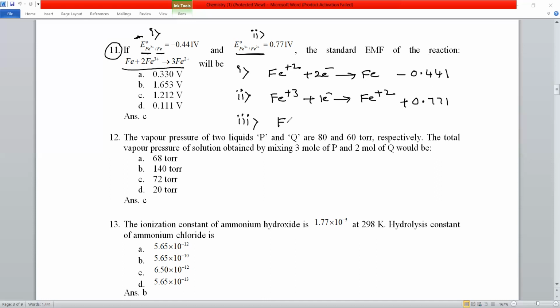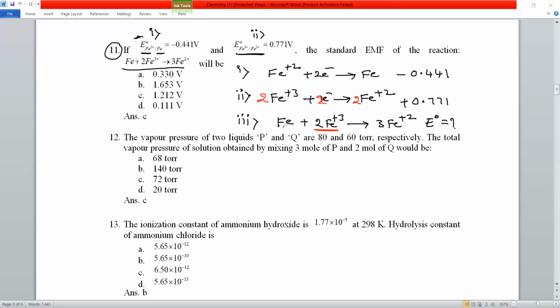Students, you can check here: Fe reacts with 2 Fe plus 3 to give 3 Fe plus 2. They're asking for E naught. What is the relationship between equation number 2 and the final equation? In the final equation, 2 Fe plus 3 is there, and that is in equation number 2, so we multiply equation 2 by 2.